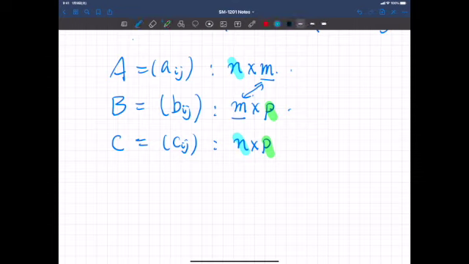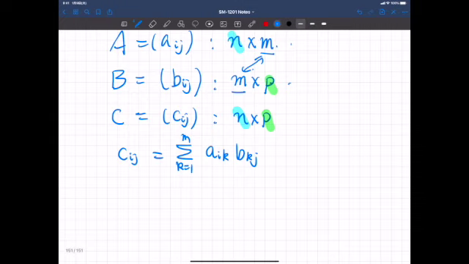Okay, and so each Cij is defined as the sum over k from 1 to m of Aik Bkj. Okay, so this is a little bit tricky. It may not be so intuitive, but it turns out that this definition of matrix multiplication is very useful.